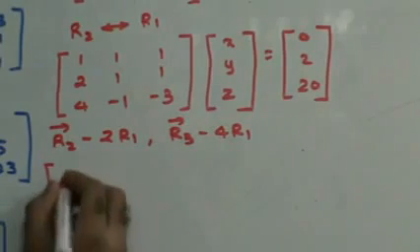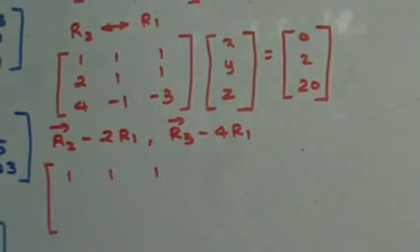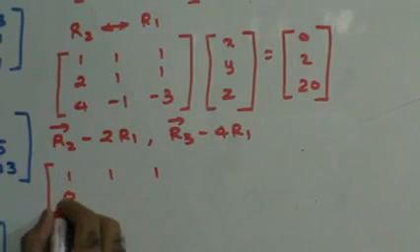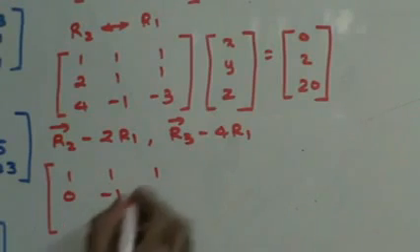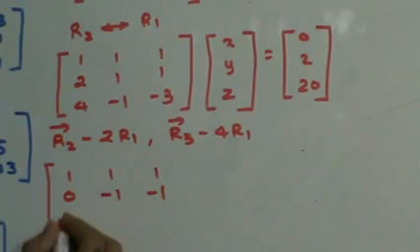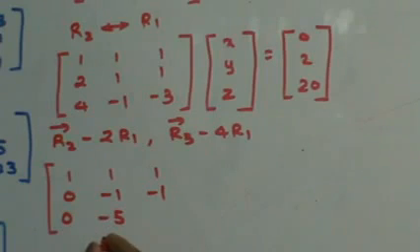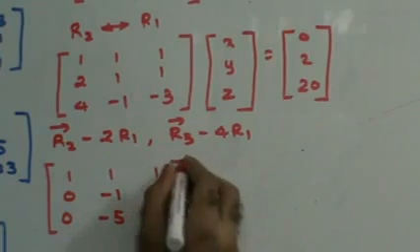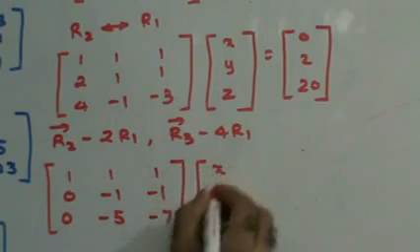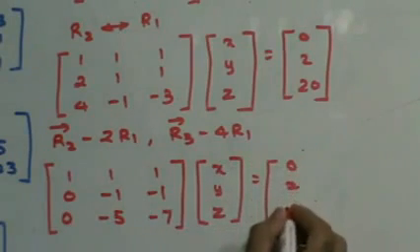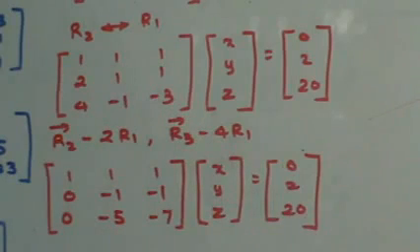So in that case, this is 1 1 1; R2 minus 2R1 gives 2 minus 2, 0, 1 minus 2, minus 1, 1 minus 2, minus 1; R3 minus 4R1 gives 4 minus 4, 0, minus 1 minus 4, minus 5, minus 3 minus 4, minus 7; times x, y, z, equals 0, 2, 20. The right hand side won't change as R1 is 0. So 2 minus 0 and 20 minus 0.